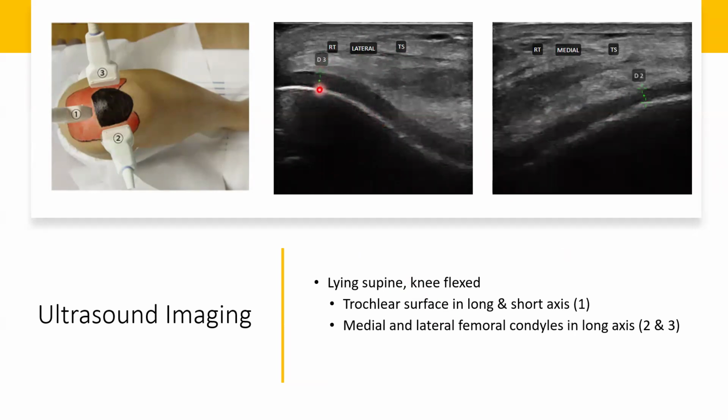And then it lets you measure the thicknesses of the cartilage in different places. So this is measuring the thickness at the lateral edge of that sulcus. Here's the right medial side, measuring thickness over here at the medial edge as well.